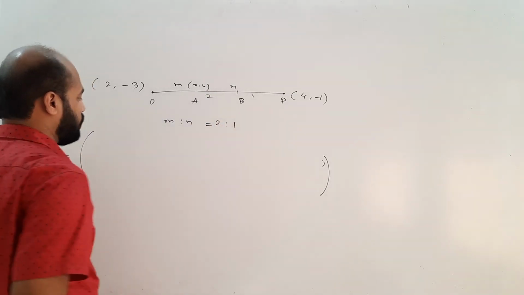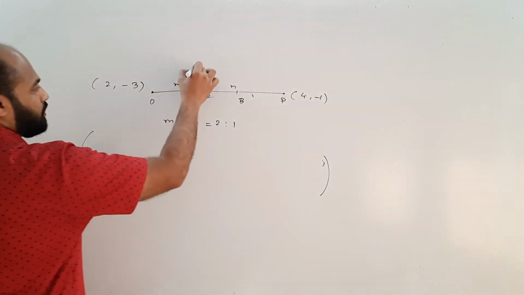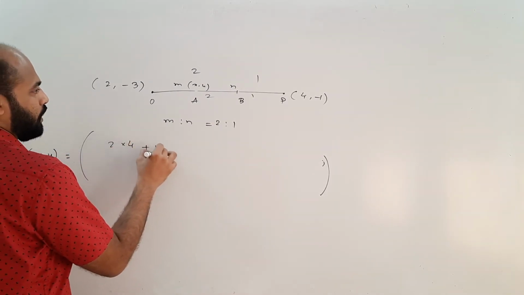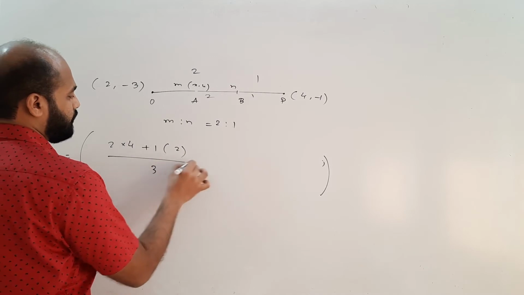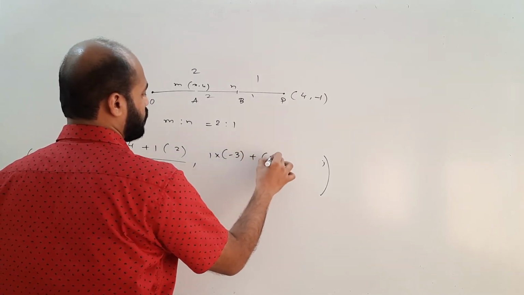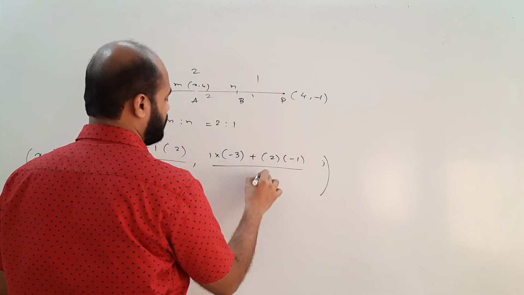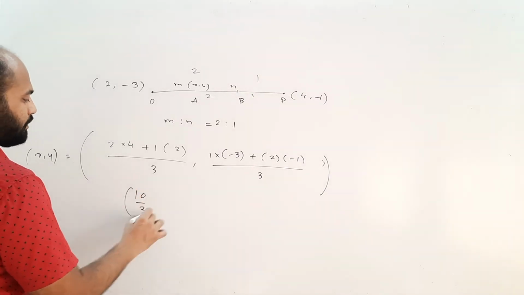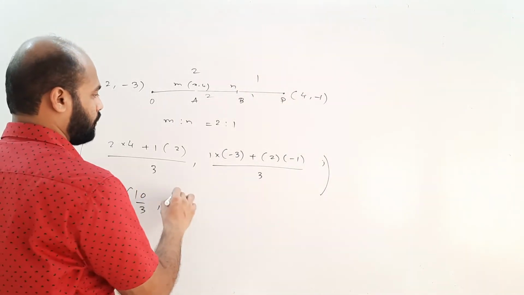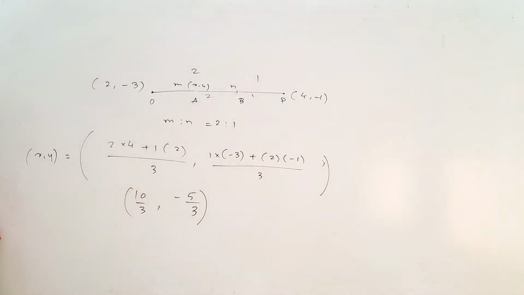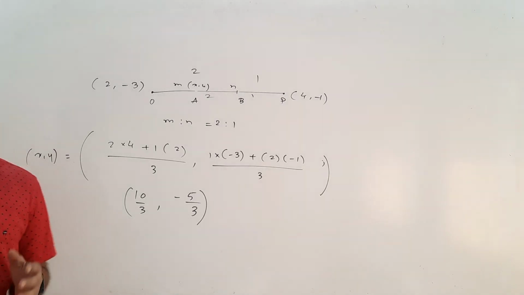That means the point is going to be (2 into 4 plus 1 into 2) divided by 3, comma (1 into -3 plus 2 into -1) divided by 3. So the answer that comes over here is 10 by 3, comma -5 by 3. So that is the answer in the second case. So this is point B. So this is how we can find the points of trisection.